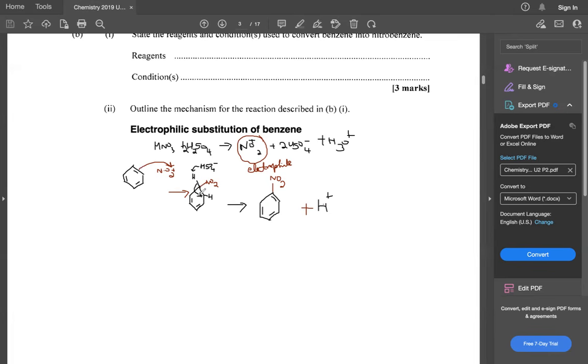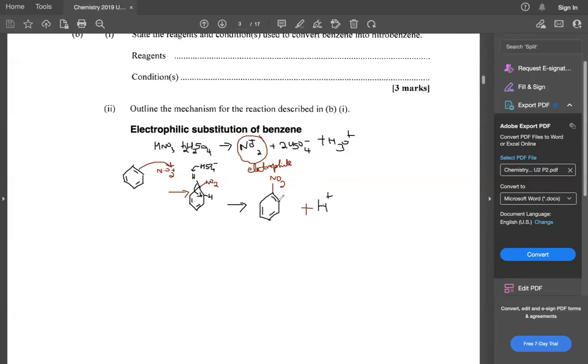And so in order to get rid of that positive charge, the weak base is going to take off this hydrogen and enable that hydrogen to then give up these 2 electrons to get rid of this positive charge. And so when that happens, we can get this double bond back and get rid of this positive charge.